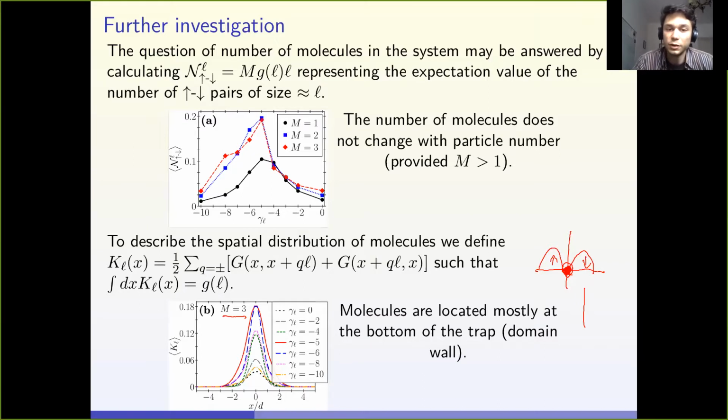So we may add some up and down atoms, but the region where the molecule formation takes place does not grow. Because of that, the number of molecules does not grow with m, because the nice spot where the molecules may be formed is always the same, regardless of the size of our system.